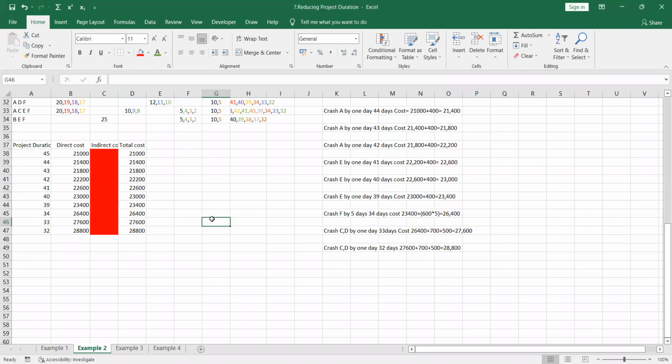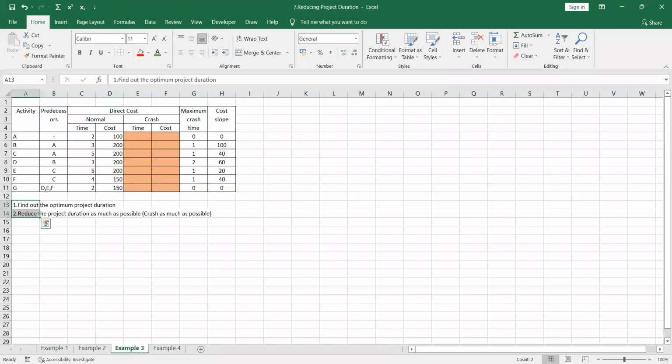So I think all of you now know how to calculate all of these things, right? There are two other examples for you. In the third example, you are not given the crash time and cost.